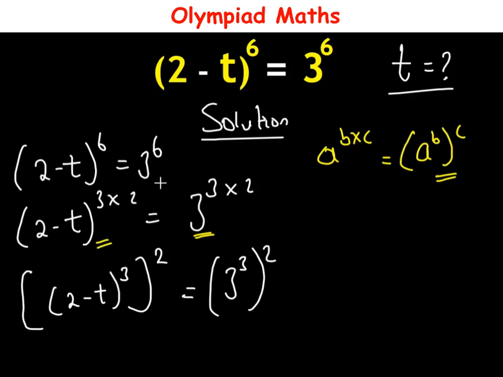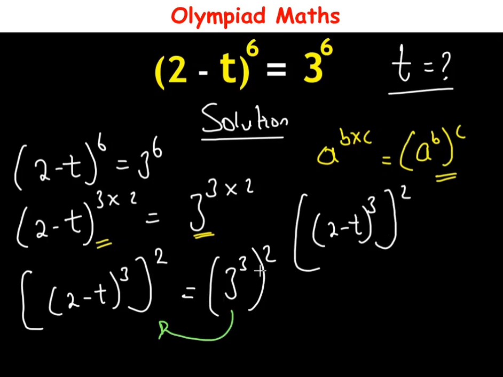Next, we move this over to this side, so that ((2 − t)^3)^2 − (3^3)^2 = 0.